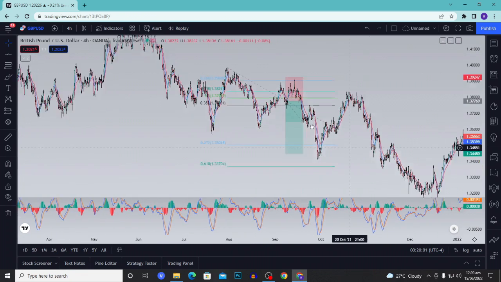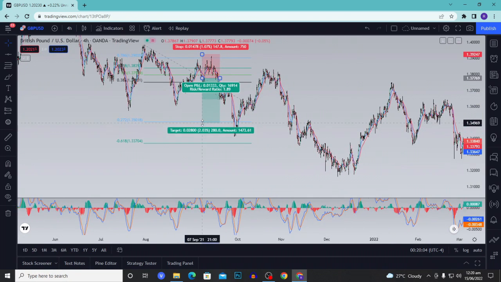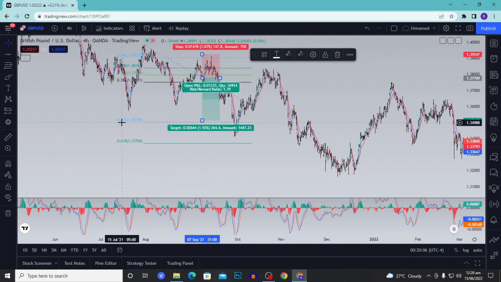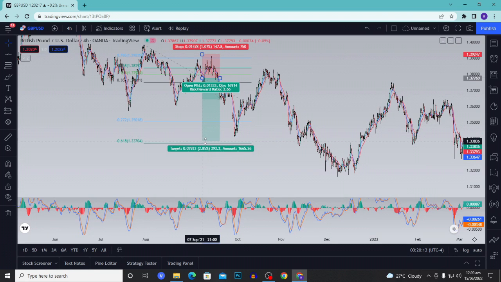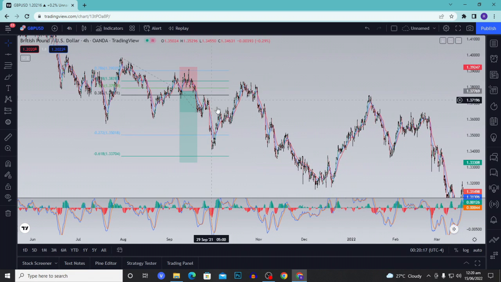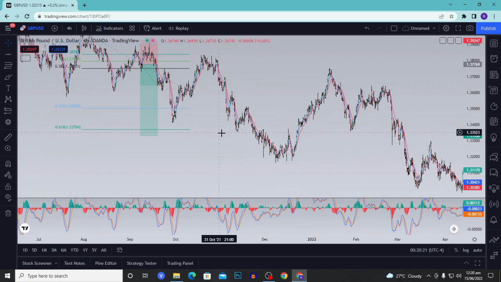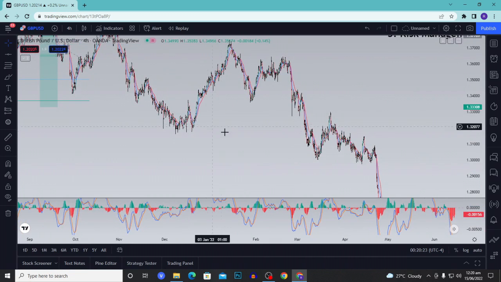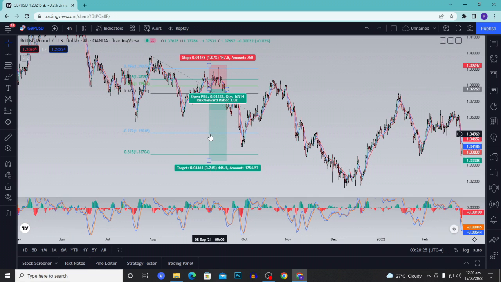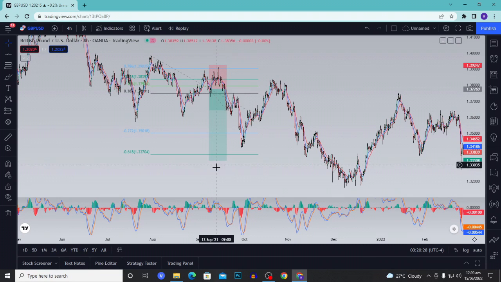And our take profit would have been at the negative 0.272, but in this case it's not a 1-to-3 risk to reward ratio, so we go for the 1-to-3 risk to reward at the very least, and price came all the way down to hit it and even continue to drop. So in this case we would have profited 446 pips.